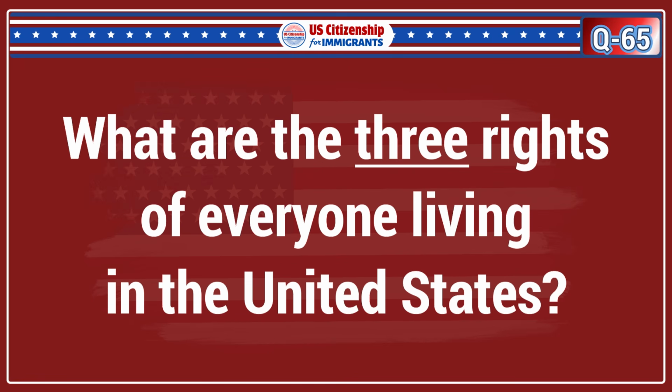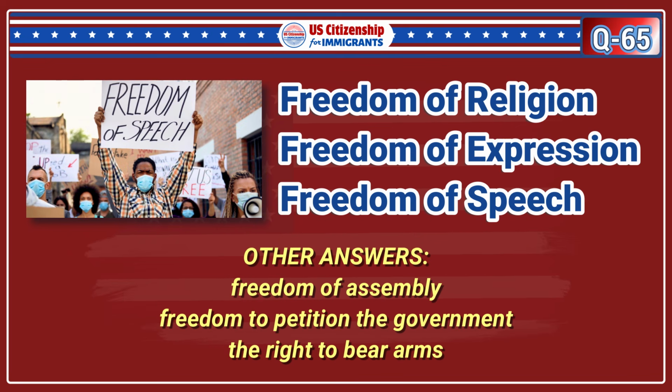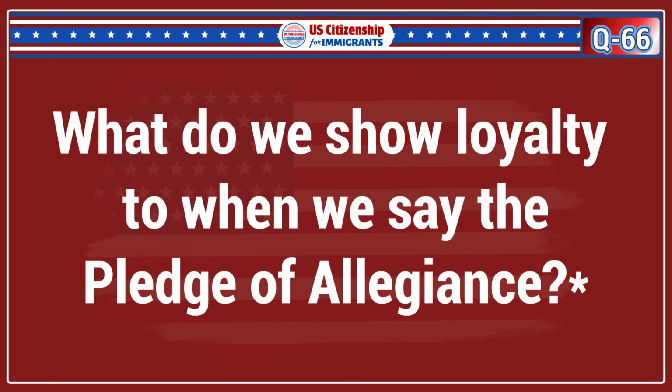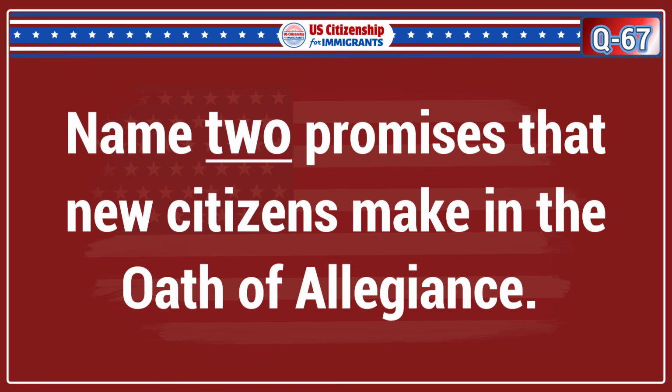65. What are the 3 rights of everyone living in the United States? Freedom of religion, freedom of expression, freedom of speech. 66. What do we show loyalty to when we say the Pledge of Allegiance? The United States. 67.